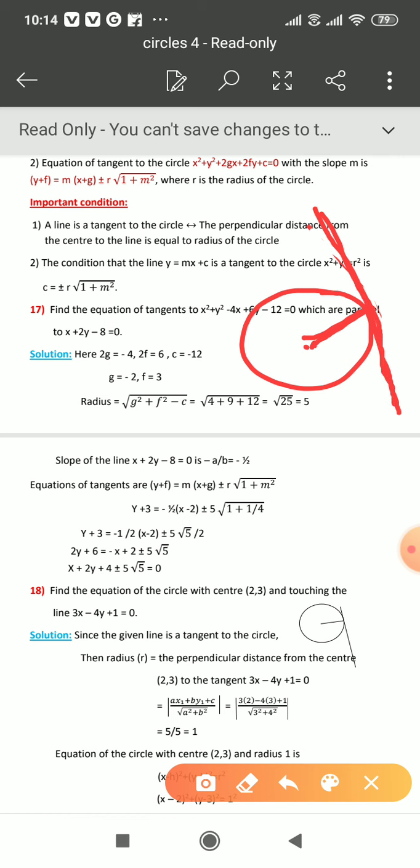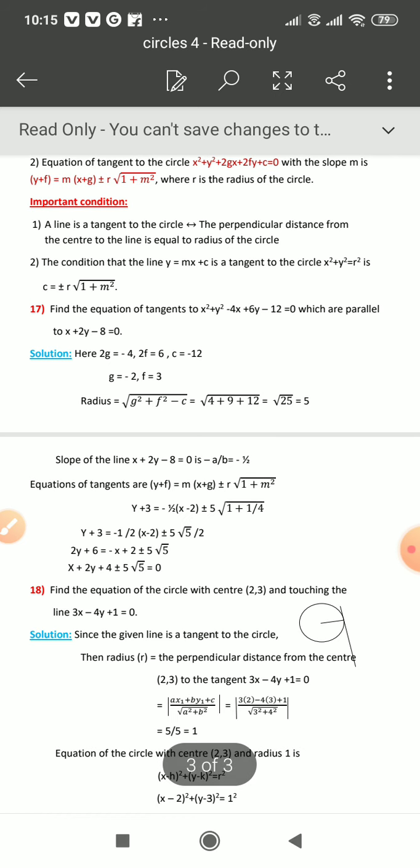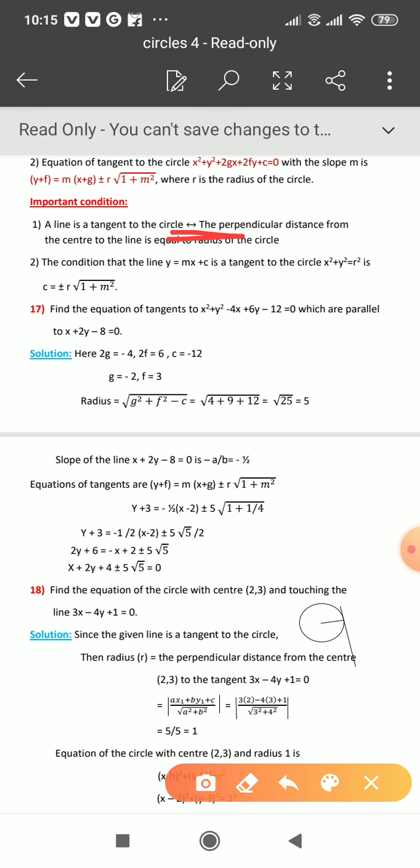The converse also holds: if the distance from this center to this line is equal to this radius, then that line is a tangent to the circle. So we put here the if and only if condition. A line is a tangent to the circle if and only if the perpendicular distance from the center to the line is equal to the radius of the circle.